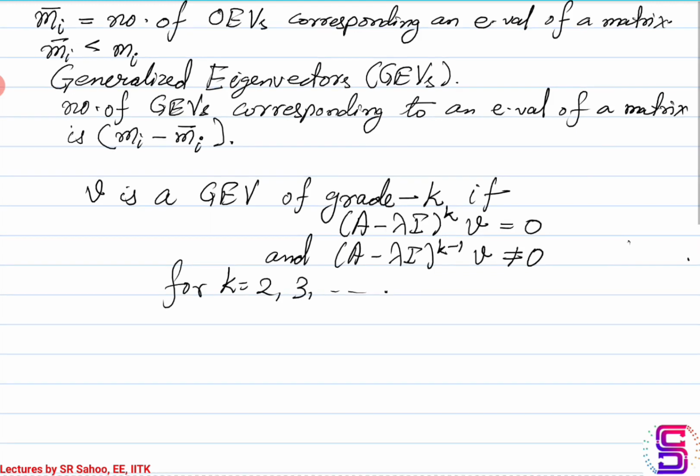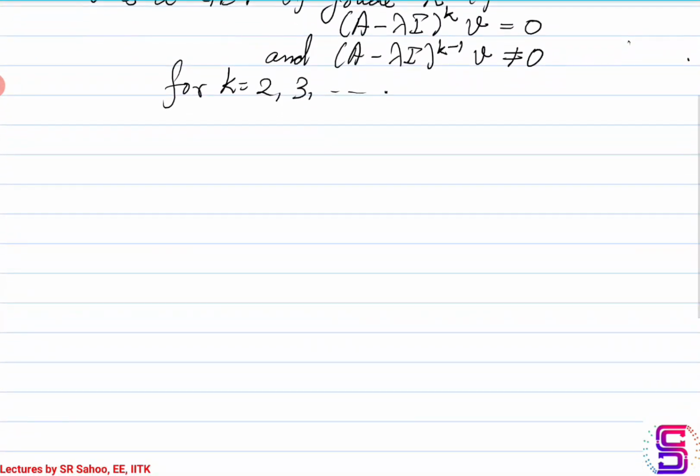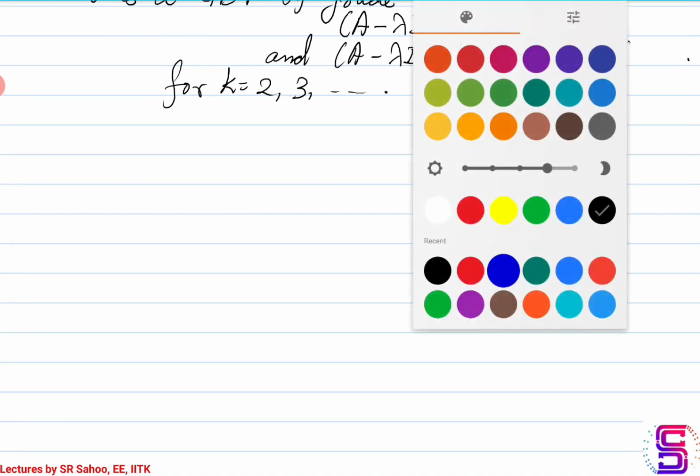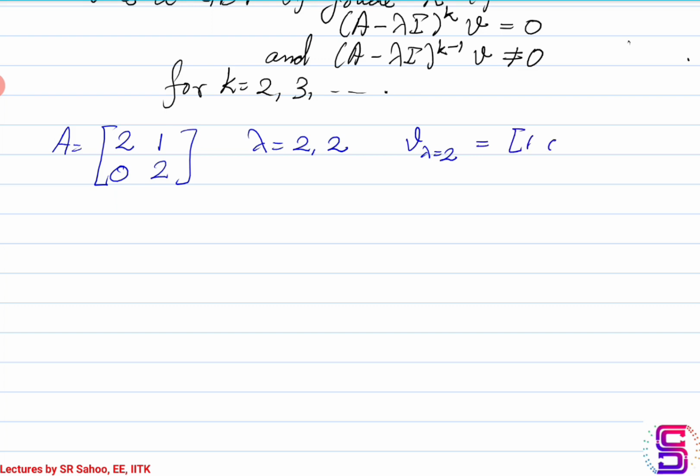Okay, so let us go back to the example that we had taken a moment earlier. We had the eigenvalue to be this, and the ordinary eigenvector that we got was this.